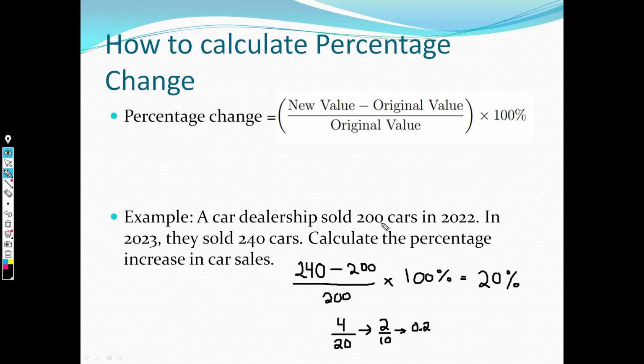So 10% is 20 cars, and therefore 20%, which is double, is 40 cars. So an increase of 20% should correspond to an increase of 40 cars, which is the case here. So that's the first thing that you need to know for the unit test. Obviously, you're not going to have an example like this one on the unit test, but if you can do this sort of example, you'll be good for this.